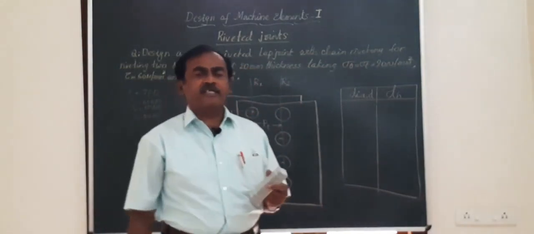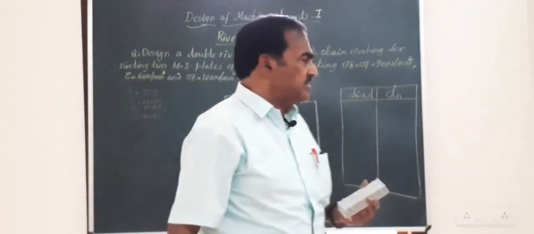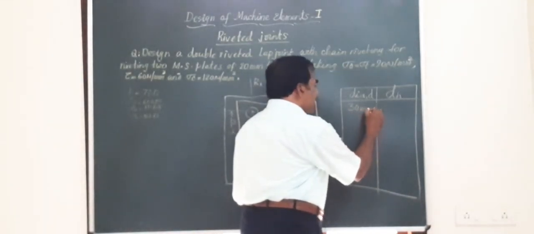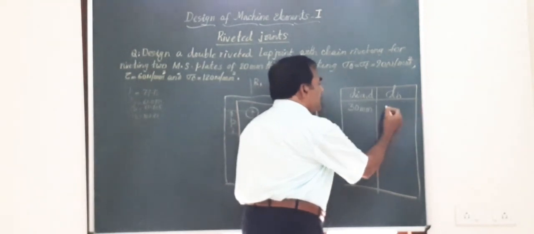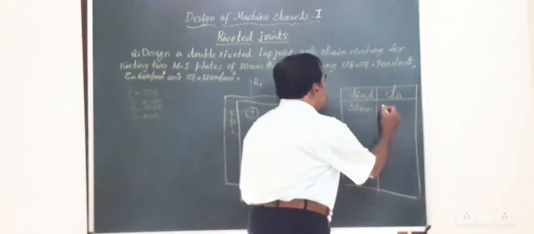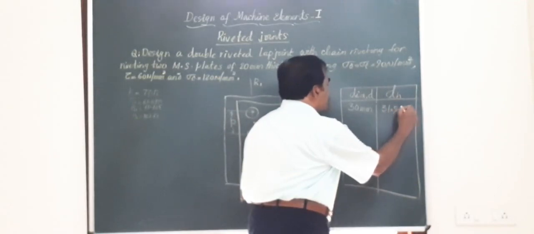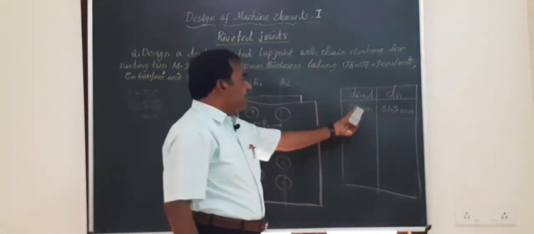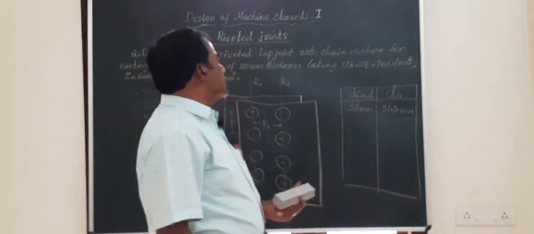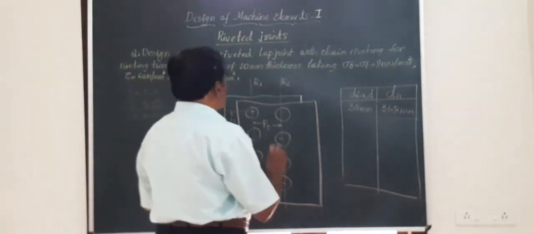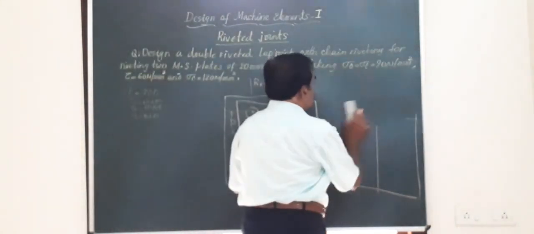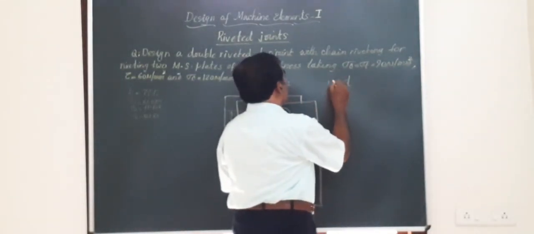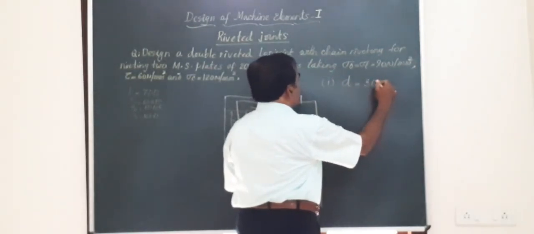So here we have got 28.28, and if you refer to the standard table, the nearest higher value is 30 mm as the value of D, and the corresponding hole dia, the diameter of the hole to be drilled in the plate, is 31.5 mm. This is the standard value. So in all the further calculations, we should take the diameter of the rivet as 30 mm and the diameter of the hole to be drilled in the plate as 31.5 millimeter. So we have got the value of the diameter of the rivet, that is the first step, as D is equal to 30 mm.